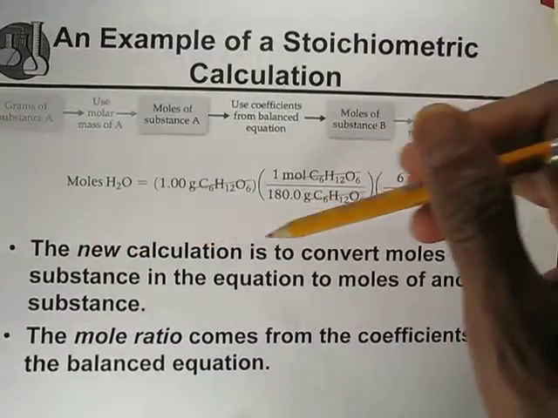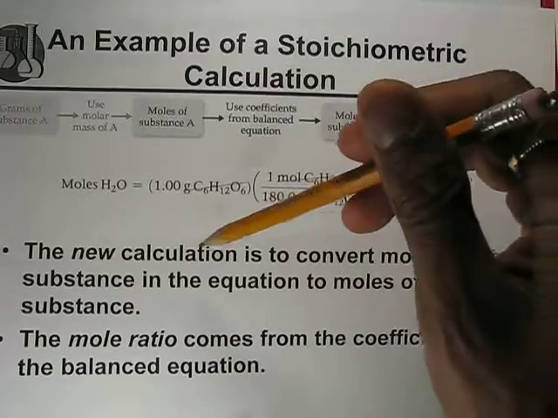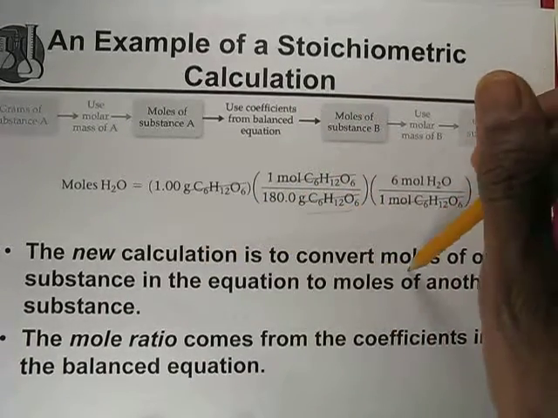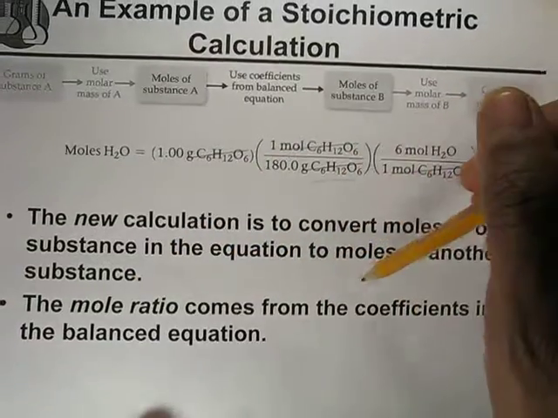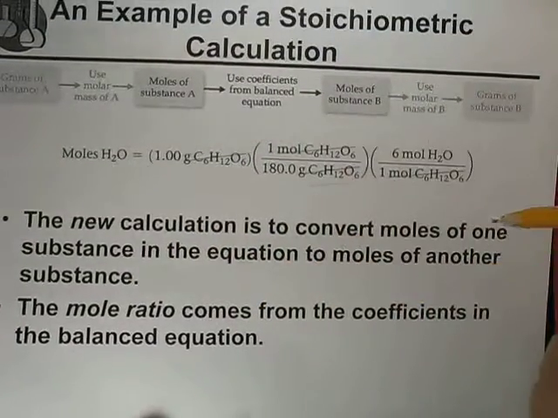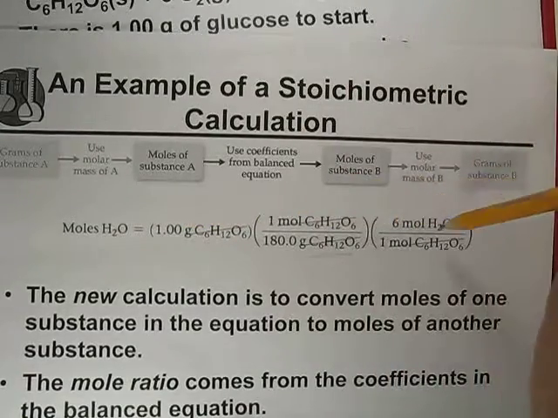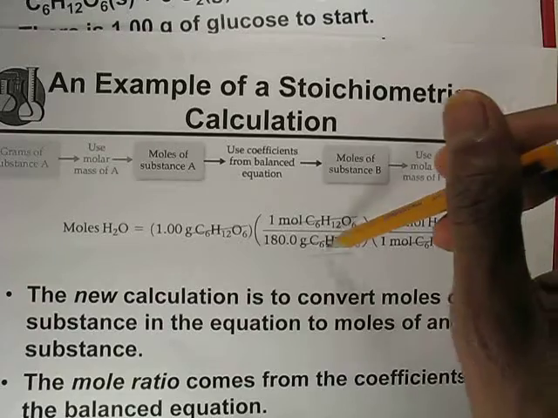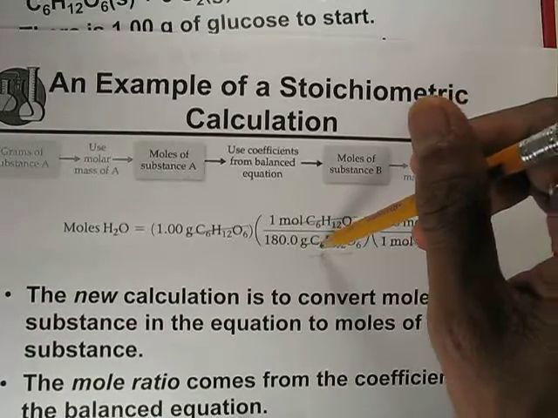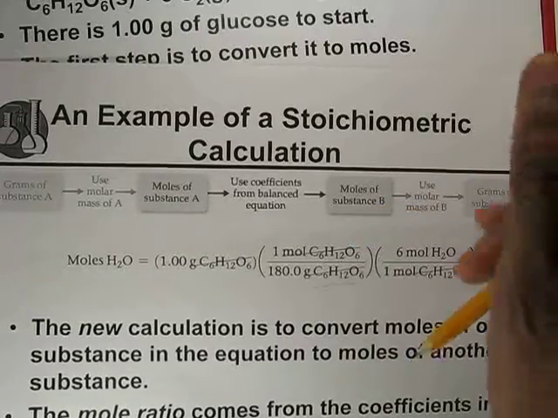So the new calculation is to convert moles of one substance in the equation to moles of another substance, and the mole ratio comes from the coefficients in the balanced equation. Then we have to find the total number of moles of water from this 1 gram of glucose.